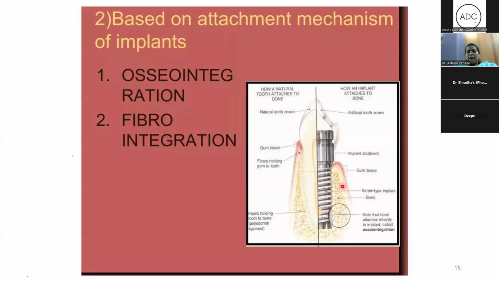So these are two types, osseointegration and fibrointegration. The mechanism of these types we will see in the further lectures of this series. But right now, based on the attachment mechanism, we can classify dental implants as osseointegration and fibrointegration.